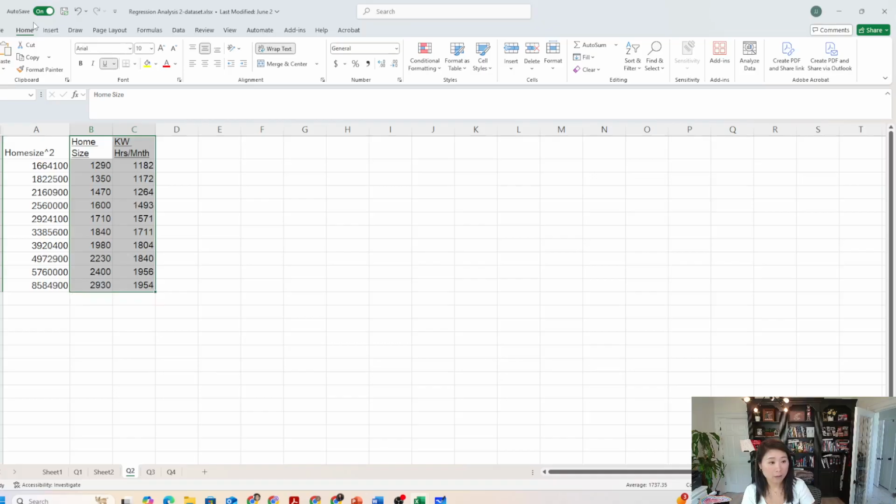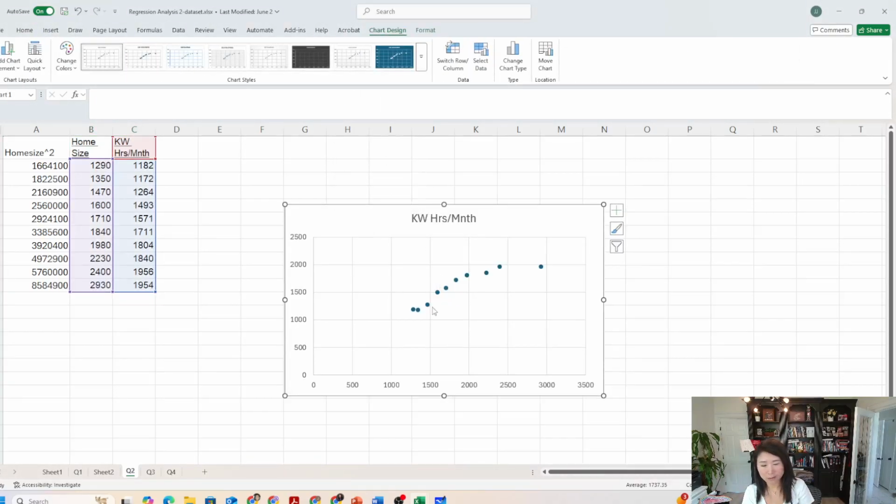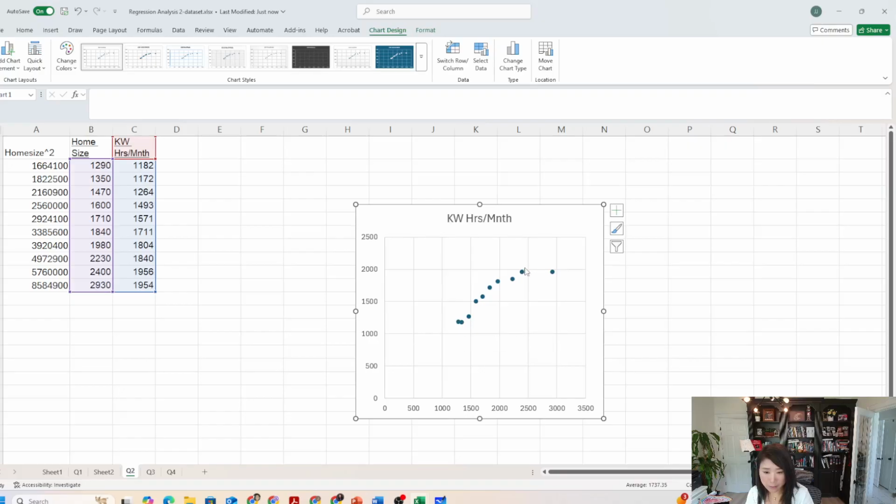Let me insert this scatter plot to show you that curvilinear relationship again. It's not a perfect chart because I have not yet labeled the vertical and horizontal axes, but I want to show you the curve versus a straight line. When you focus on this curve, you will notice there is a peak here.